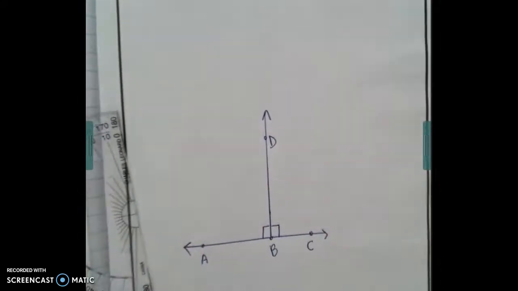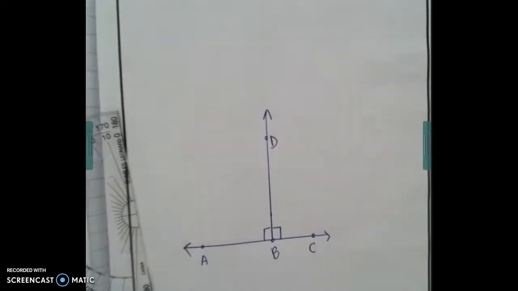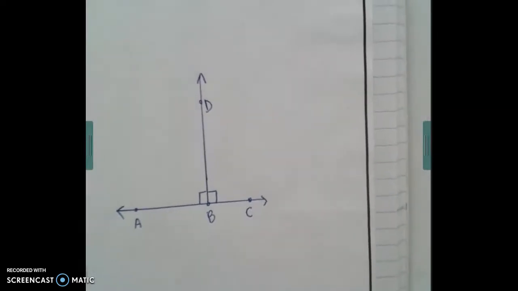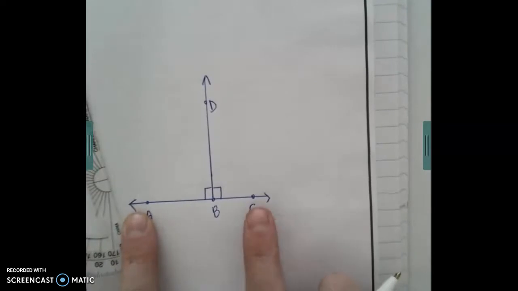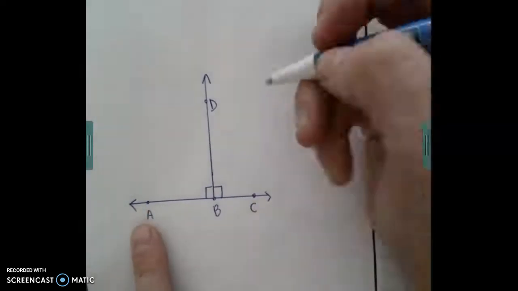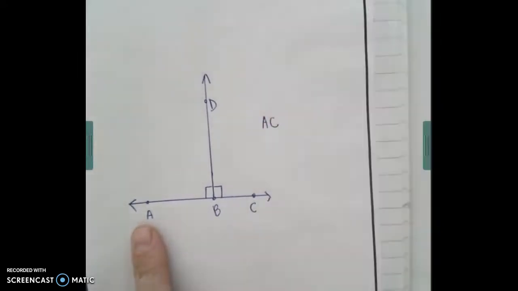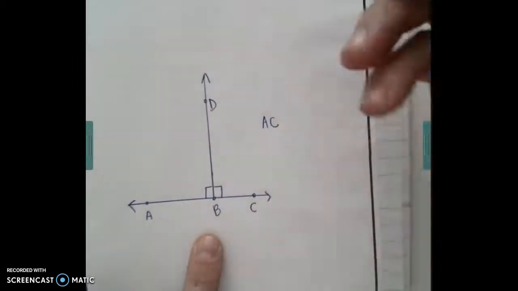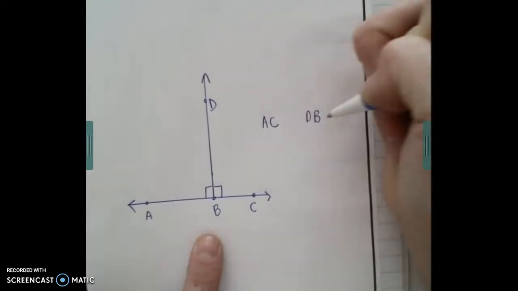Together they make that 180 straight angle. So when we're labeling, this is how we're going to label it. We're going to look at our 2 lines. I'm looking from where my line starts to where my next point is on the other side. So this line would be AC. And my line going up and down would be D and B.